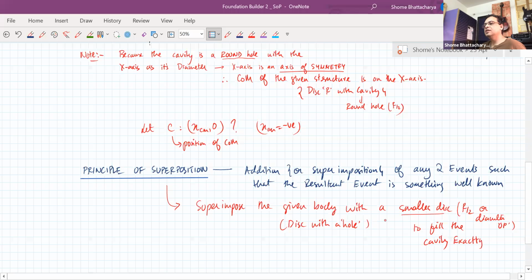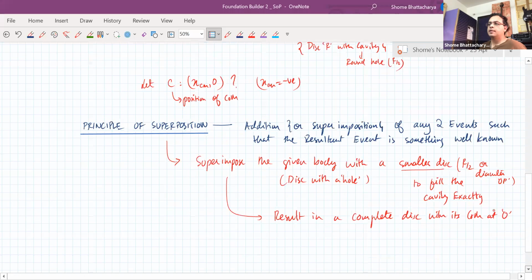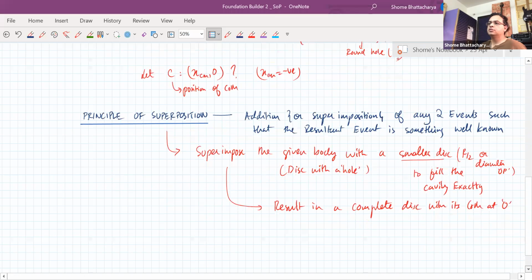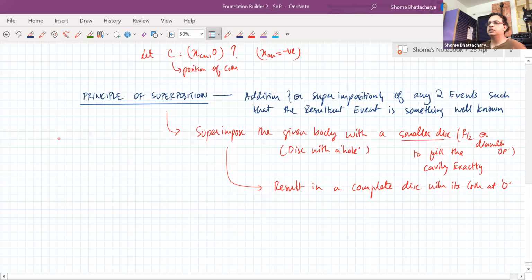The resultant of this superposition will be a complete disk with its center of mass at the origin. Can I now use this concept to find the center of mass of the given structure, the disk with the hole? Hope this concept is clear to all of you. Just make a note of this part over here. Then we'll discuss how we'll do this mathematically.